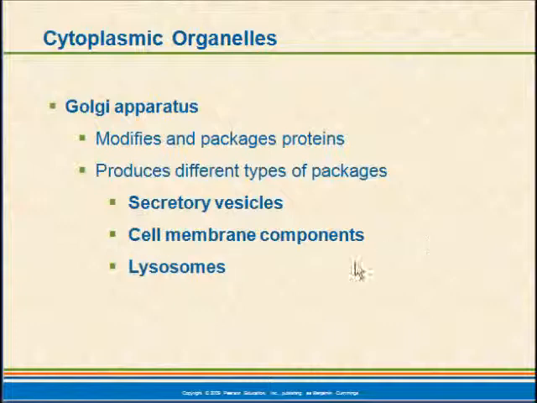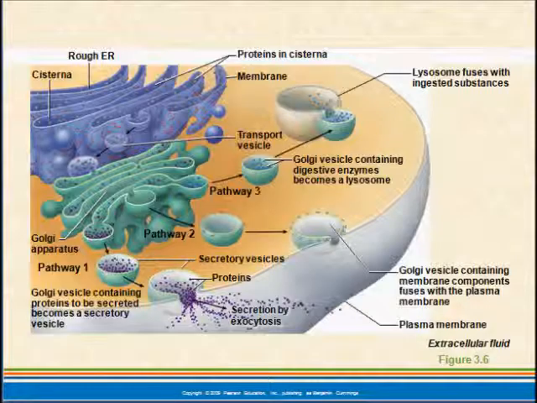And then there's also lysosomes, and these are structures within the cell that the cell uses to break down components it no longer needs, or to break down materials that it has ingested. Now, just so we've got this whole sequence, we are making messenger RNA in the nucleus.